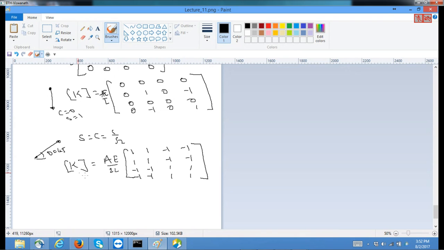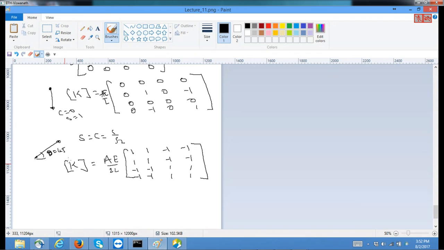That is the k matrix for 45 degrees. So for any given theta, you substitute s is equal to sin theta and c is equal to cos theta, and you can obtain your K matrix for the inclined members.